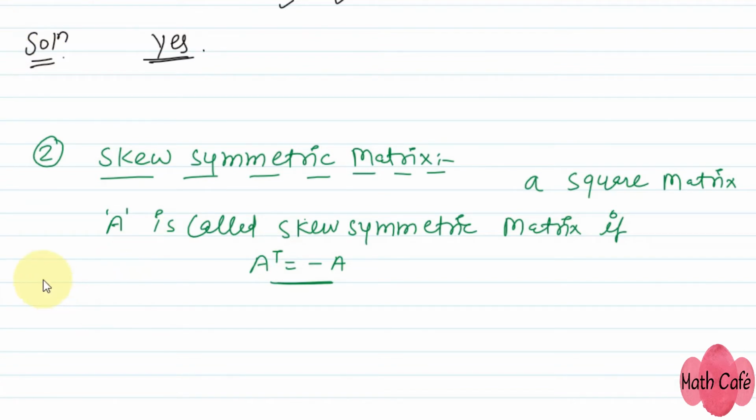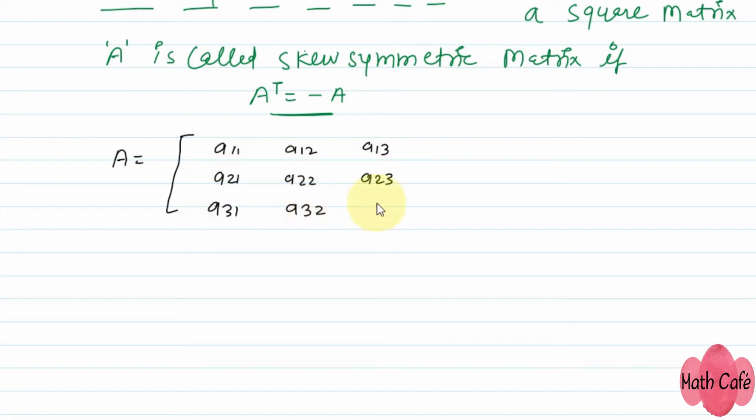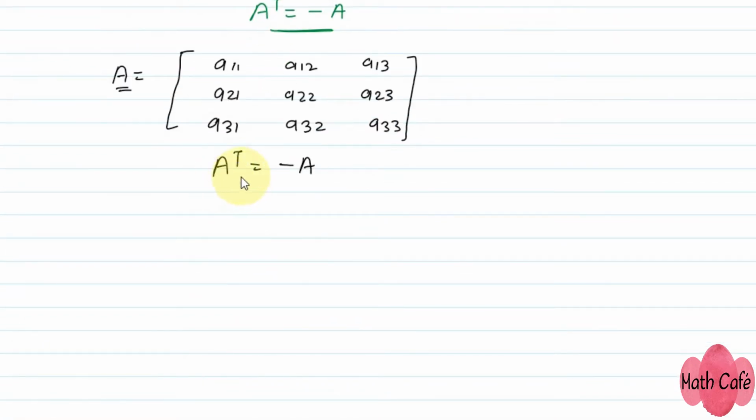Let's take an example here. If a matrix A is written as A11, A12, A13, A21, A22, A23, A31, A32, A33, and it is given that this matrix is a skew symmetric matrix, then I can easily say that A transpose will be equal to minus of A. How will we obtain A transpose?